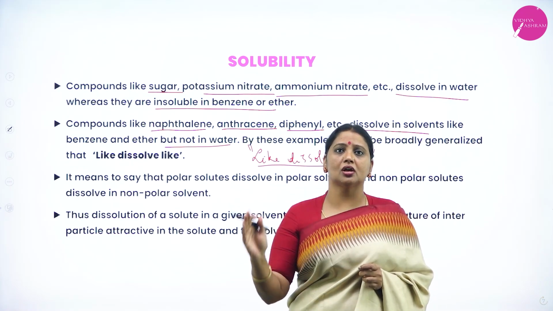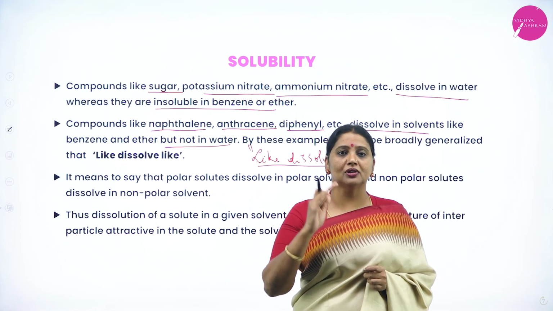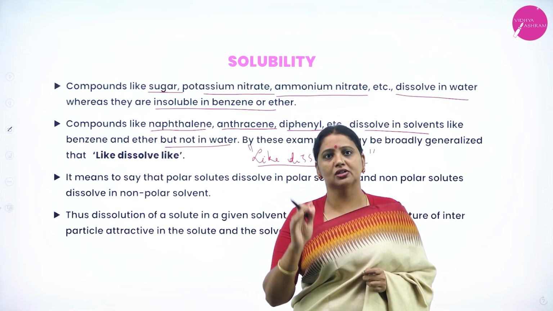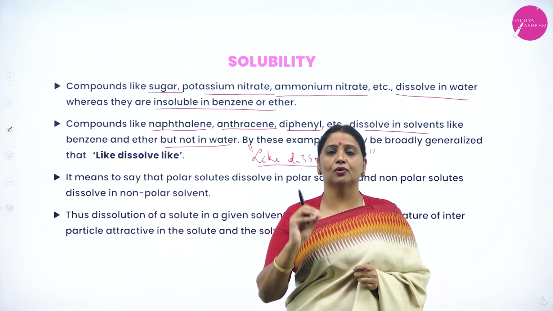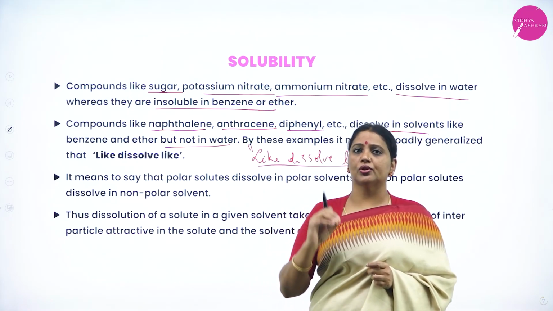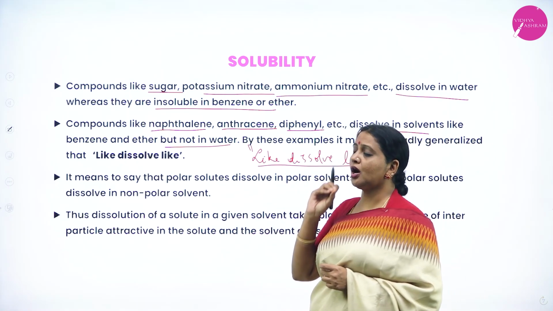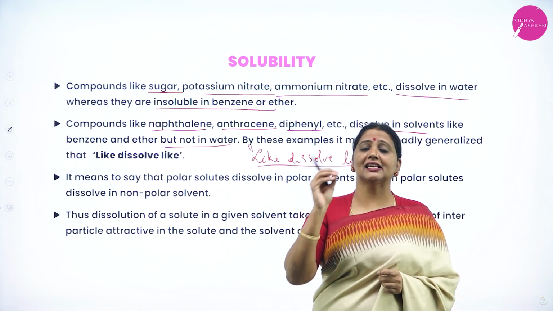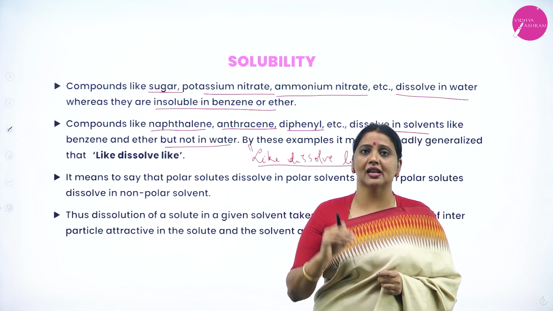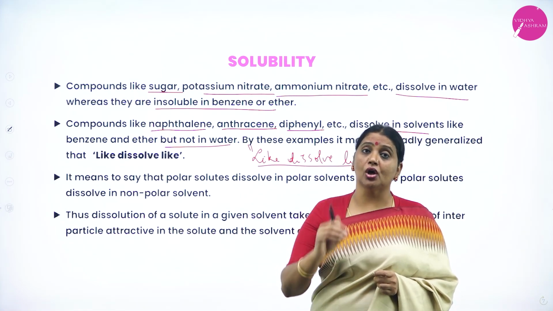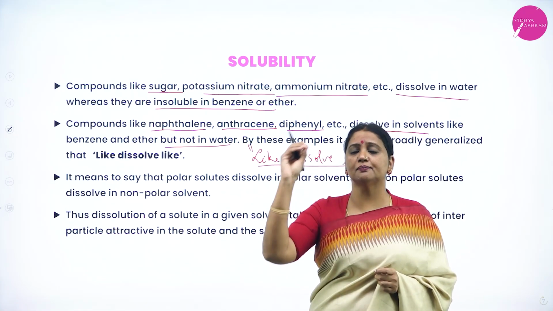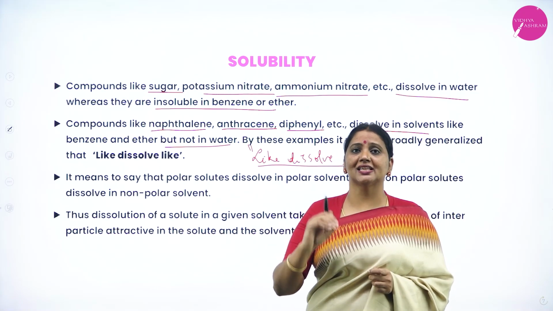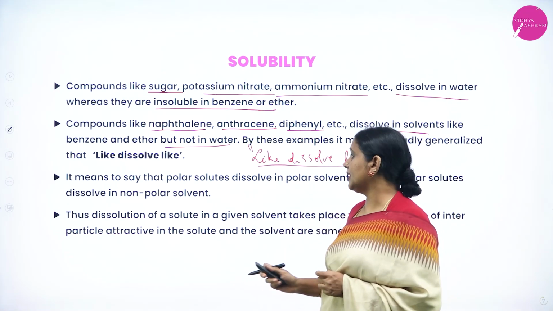Polar solutes are dissolved in polar solvents, non-polar solutes are dissolved in non-polar solvents. Polar solutes like sodium chloride, potassium nitrate, ammonium nitrate dissolve in polar solvents like water and they are insoluble in non-polar solvents like benzene, ether, etc. Non-polar solutes are dissolved in non-polar solvents like benzene, ether and they are insoluble in polar solvent.